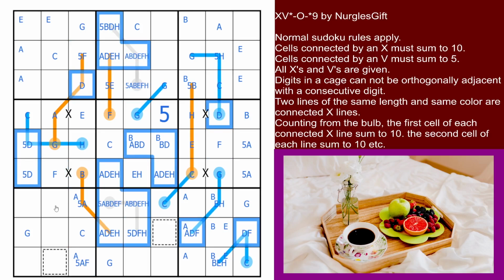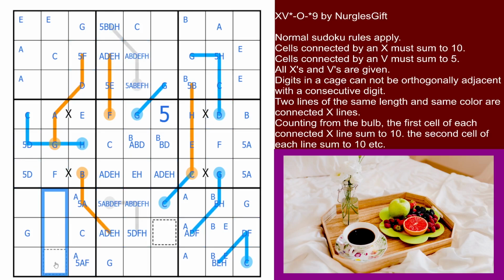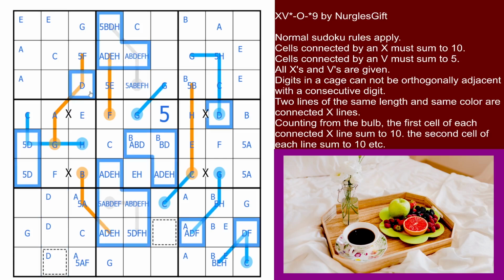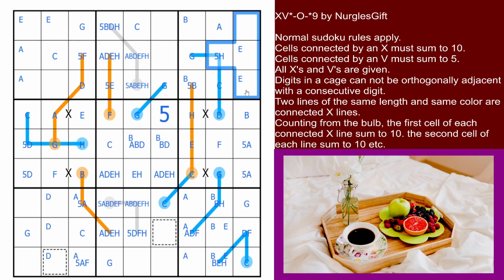Okay, D is here. H is here, right? That means D cannot be there, but then D could be absolutely anywhere.